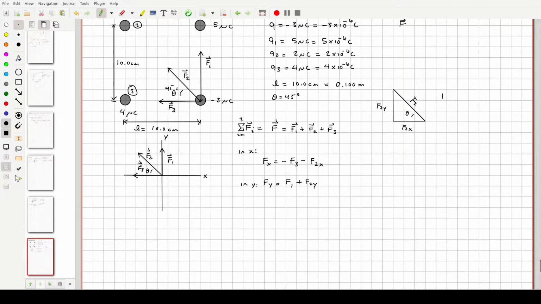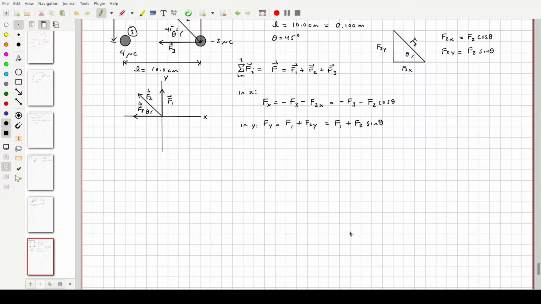So here, F2x is going to be the adjacent side, which is cosine. And the y part is going to be sine. So, it looks like this. Okay.